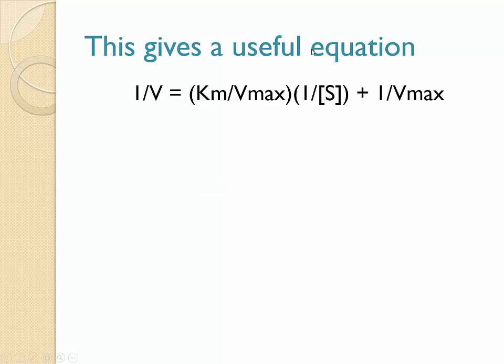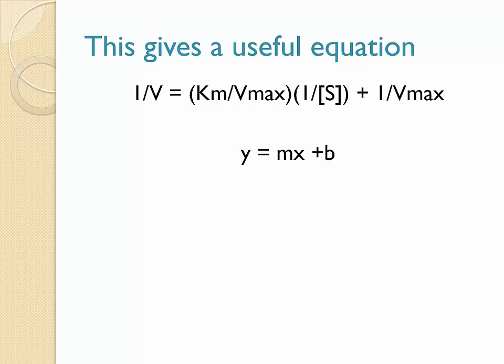And so this gives you this equation. 1 over velocity is equal to Km divided by Vmax, that quantity times 1 over substrate concentration plus 1 over Vmax. And if you look at that equation, you might see something very special about it. It's y equals mx plus b. Now, y equals mx plus b, that's a line. That's not a curve.